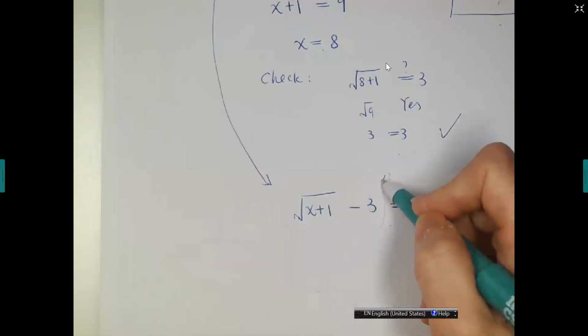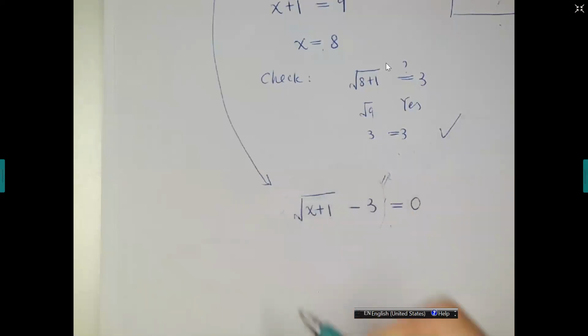So this is what I want to share with you now to solve a radical equation. Step 1, we'll see how many radical terms there are. If there is only one radical term, which means there is only one radical symbol, we are going to isolate it. We are going to leave it on one side by itself.